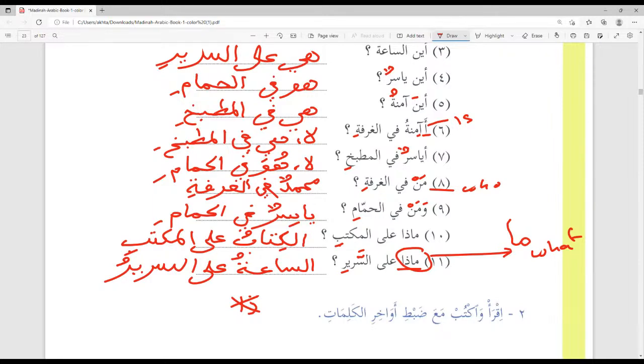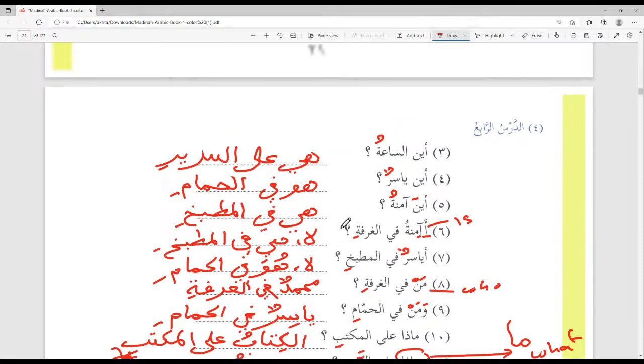What's it called? It should have a kasra. Yeah, well done. So why does it end with a kasra and not a dhamma? Because of على. ما معنى على؟ On the table, on the bed. On. طيب, so we have the 10 sentences.